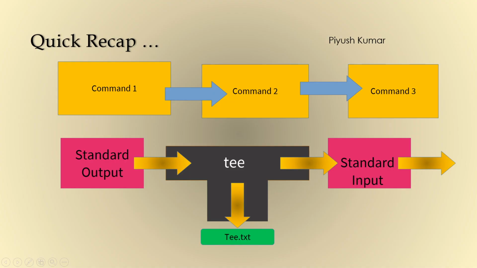Using the tee command and xargs command, we can redirect the data midway to some file, and at the same time the tee command will take the output from the previous command and supply it to the next command in the pipeline.